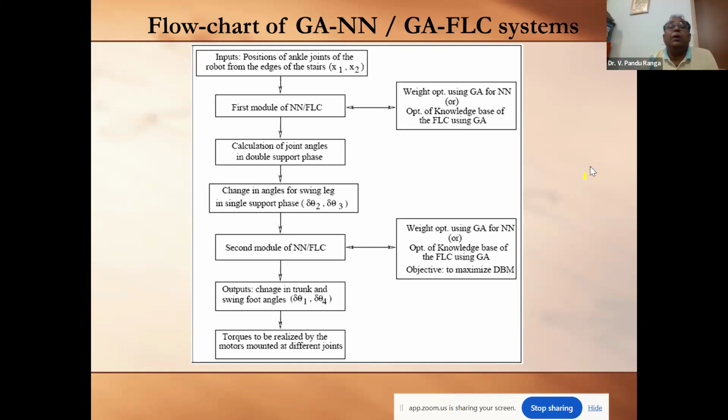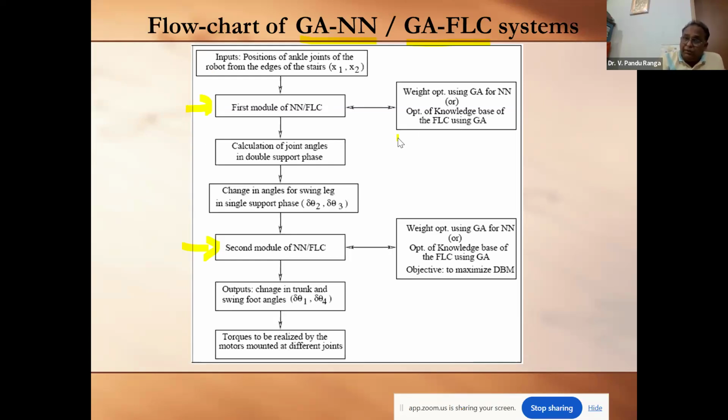Here our aim is to go for GANN, meaning genetic algorithm trained neural network, and GFLC, genetic algorithm trained fuzzy logic controller. In both cases we have used two modules, the first module and the second module. The purpose of the neural network or fuzzy logic controller is the same.